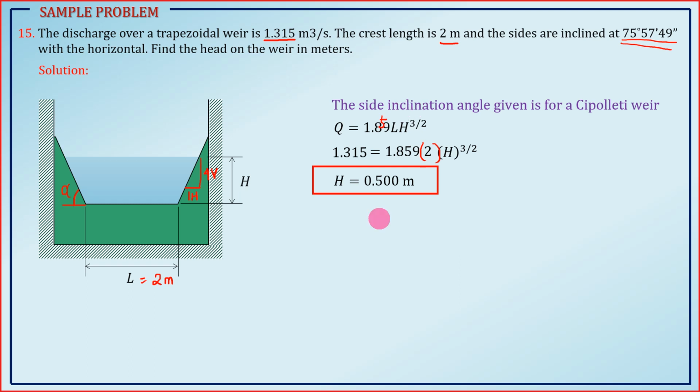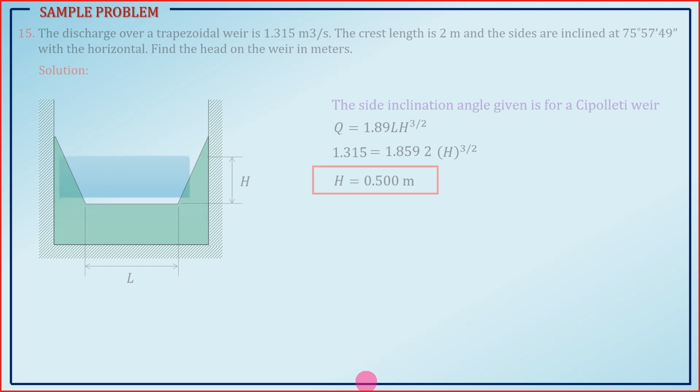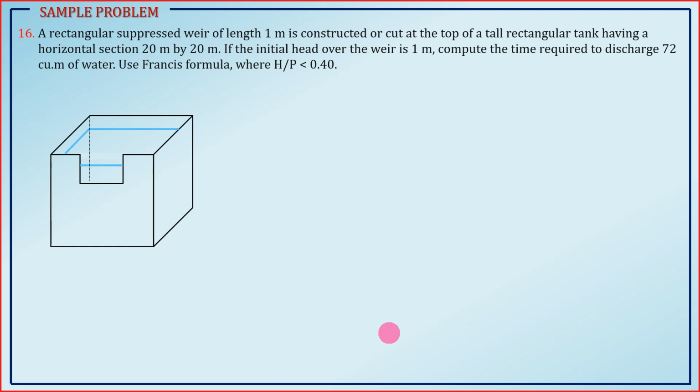So, last problem, problem number 16. A rectangular suppressed weir of length 1 meter is cut at the top of a tall rectangular tank having a horizontal section 20 meters by 20 meters.